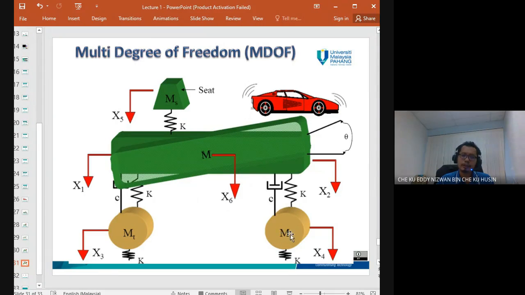You can do the simulation with a lot of matrices here, change the values for C and K, apply the force here, and then see whether the motion of the car body is sufficient or not. That's the way of doing a vibration study in the design stage.